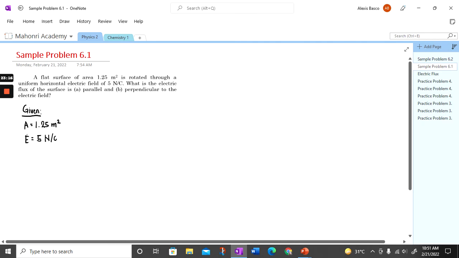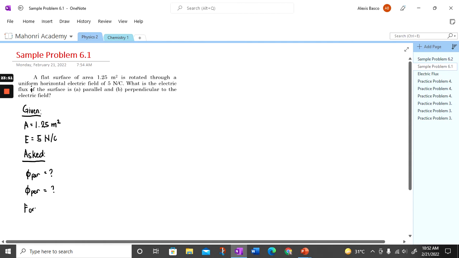What is the electric flux? So what is being asked right here? What is the electric flux if the surface is A, parallel, and B, perpendicular to the electric field? So what is my electric flux if my surface is parallel to my electric field? And what if my surface is perpendicular to the electric field?